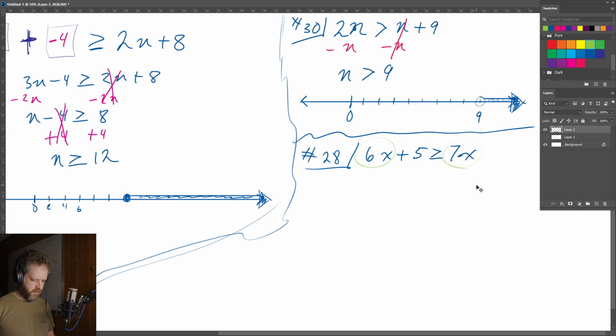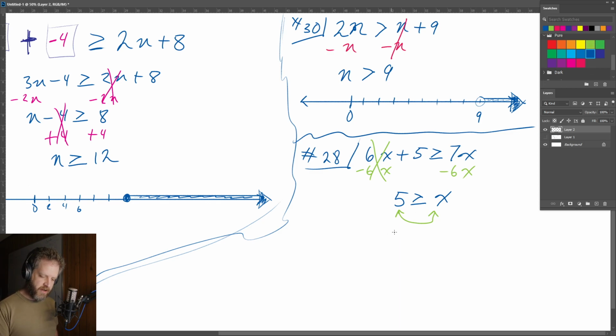Move the 6 and add it to the 7. Okay, now we wouldn't add it to the 7, right? Subtract it. There you go. So that one cancels. And we're left with 5 is greater than or equal to x, right? So now what do we need to do? Because there's one more thing we need to do since this is an inequality. Switch them around. That's right. So what do we end up with as our final answer here? X is less than or equal to 5.